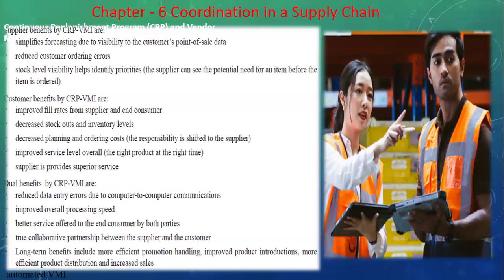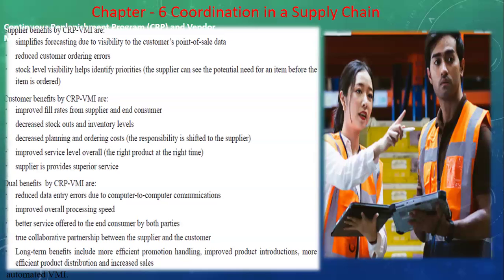If you count the available units manually, it will take time. Without that, the system will automatically count because a sold item is out of the stock. So this processing will be speedy. Then better service offered to the end consumer for both parties.